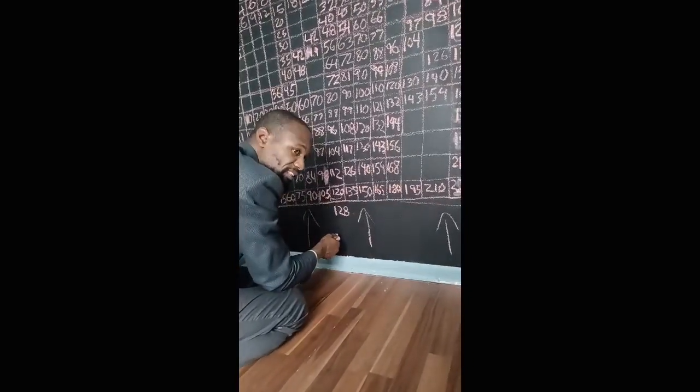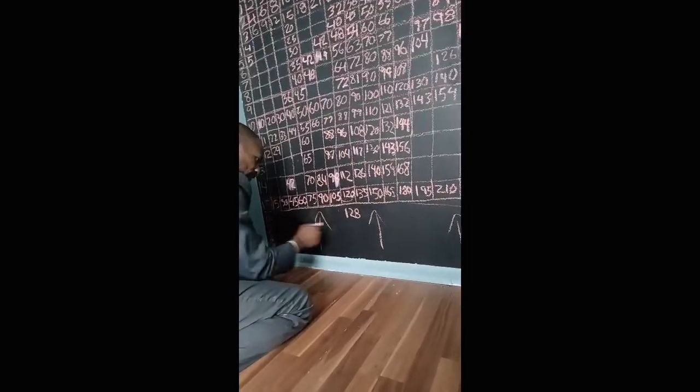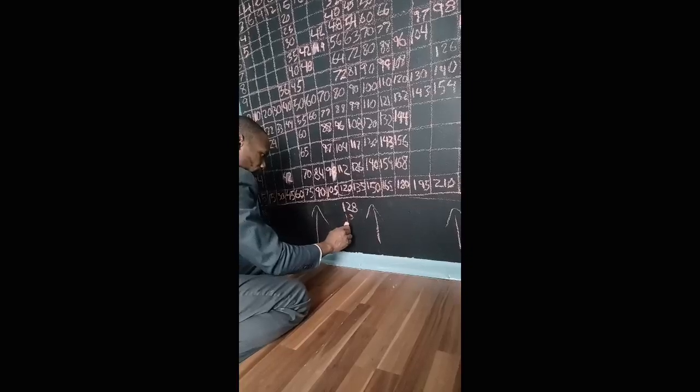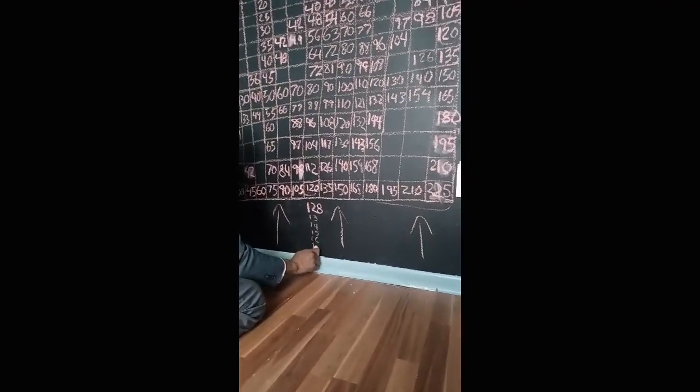Somewhere down here is going to be 16, 16. Let's look. 16, 17, this should be 13, 14, 15, 16, 16.